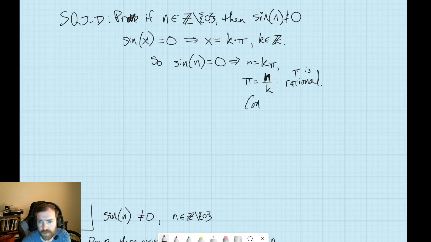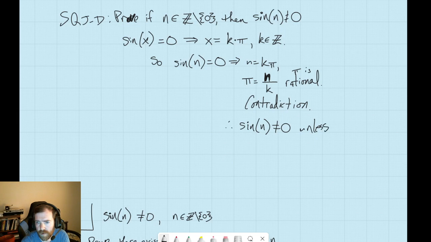Alright, so we know that this is a contradiction. So therefore, sine of n cannot be 0, unless n equals 0 itself.